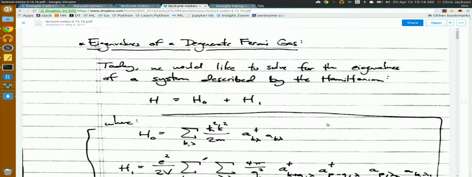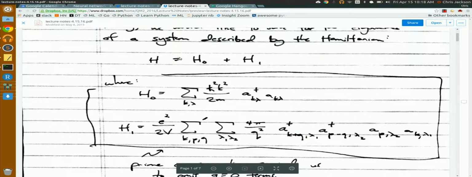right? And what we did was we wrote it kind of in a suggestive form, h naught plus h1, where h naught is what I'm going to call the simple piece, and h1 is a complicated piece, right? But it's a complicated piece that goes like E squared, right? And E squared is a small number, right?